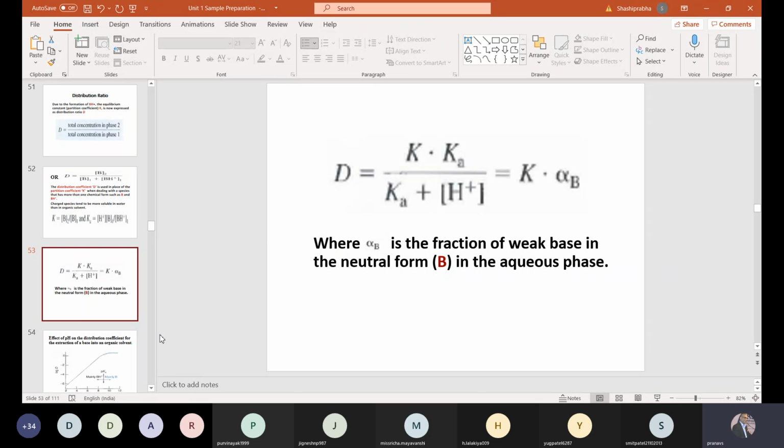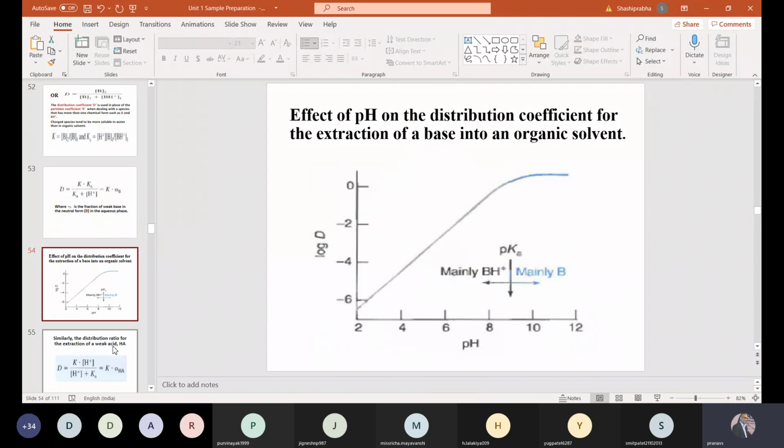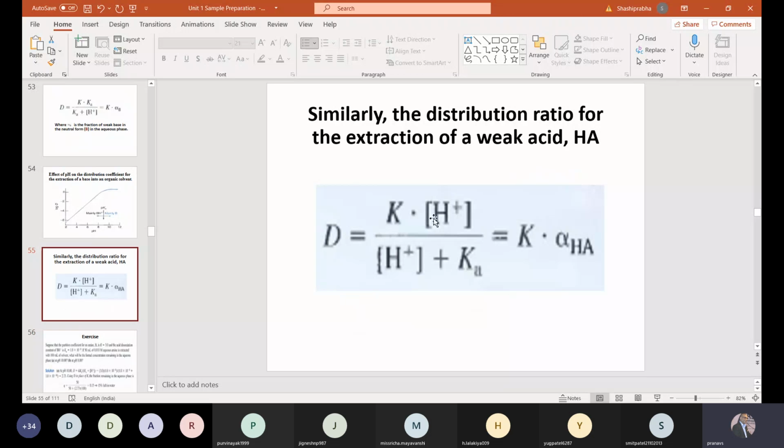Similarly, if there is a weak acid, we can have a similar expression based on similar workup. D is again related to the partition coefficient, the ionization constant and the pH as well. The only difference is that you don't find H plus in the numerator as in the previous equation, but here you find H plus in the numerator as well as the denominator.